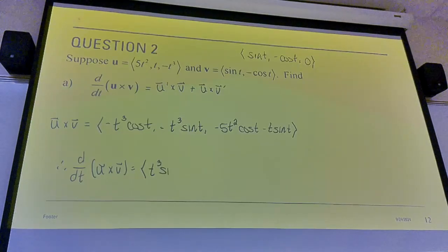Right. What about the second one? Negative 3t squared sine t minus t cubed cosine t. I just said it in the opposite order.